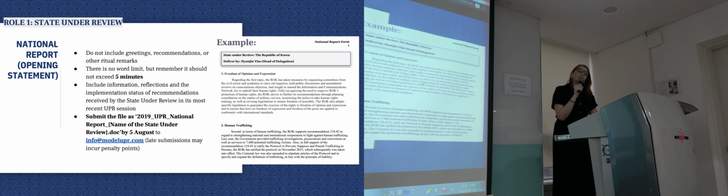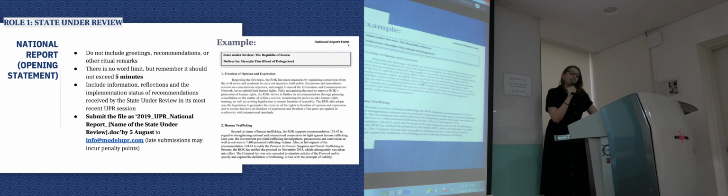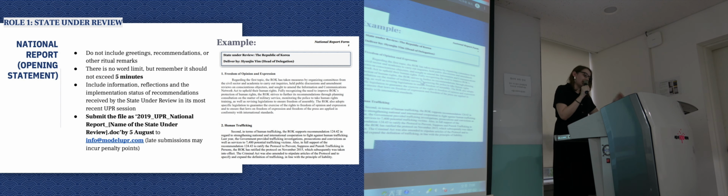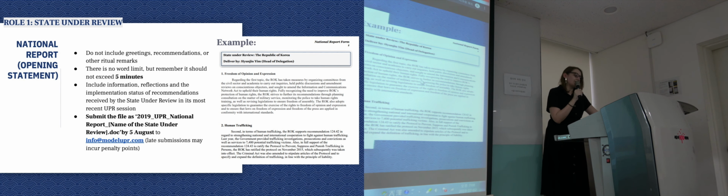There isn't any kind of word limit, but this has got to be under 5 minutes. It should include information, reflections, and the implementation status of recommendations received most recently. And we're asking that you submit this file by the 5th of August to info@modelupr.com. So I suggest you start figuring out how to approach this today if possible.